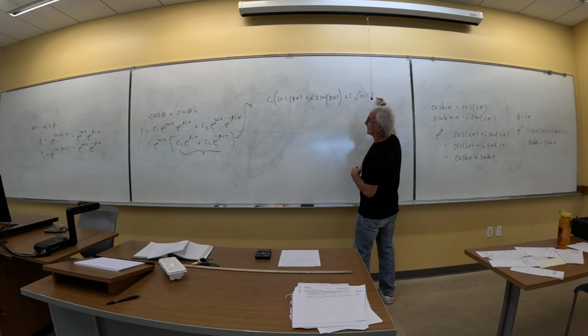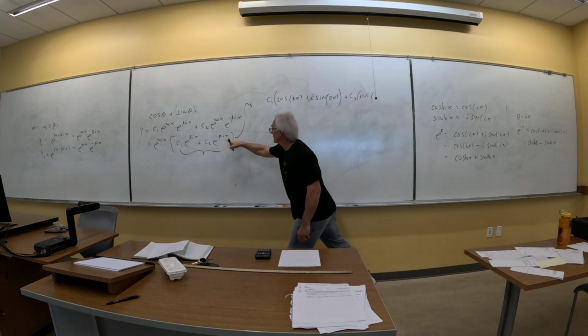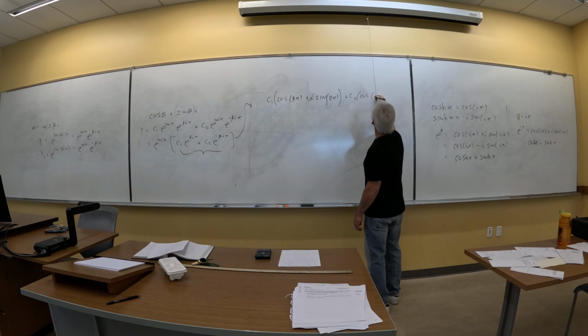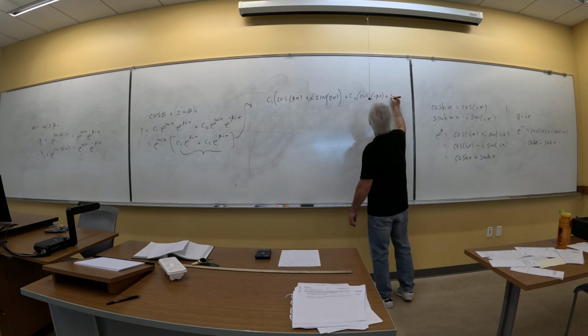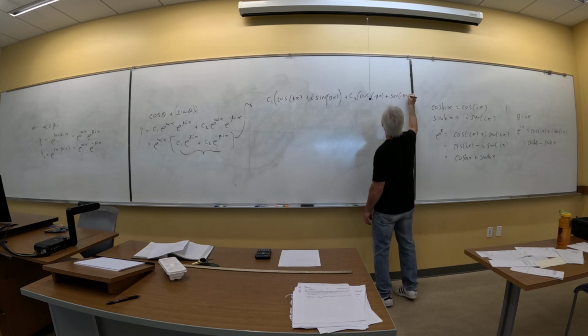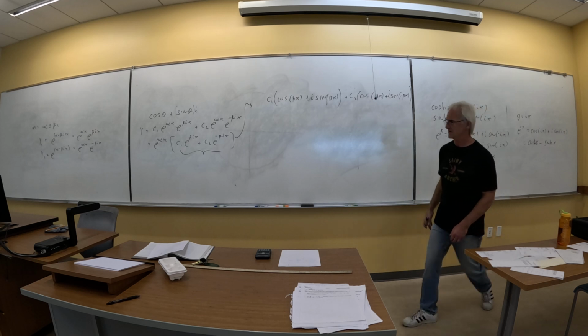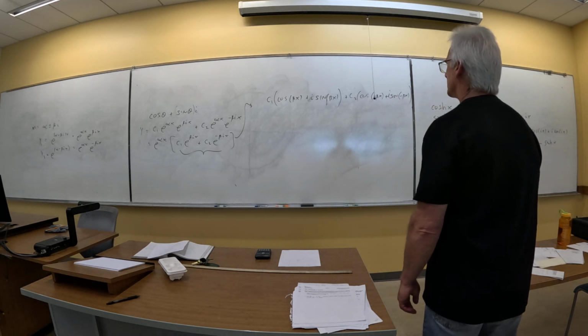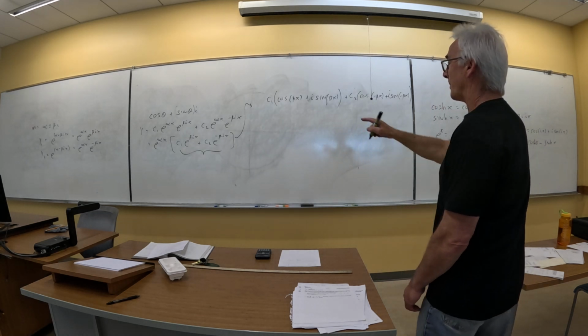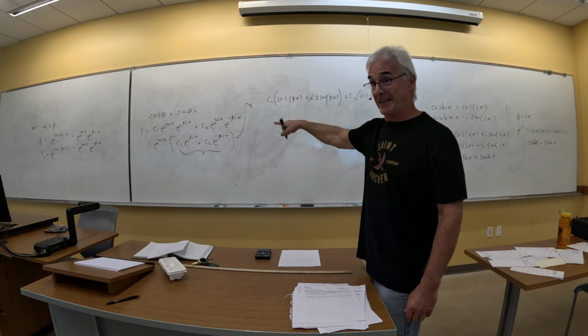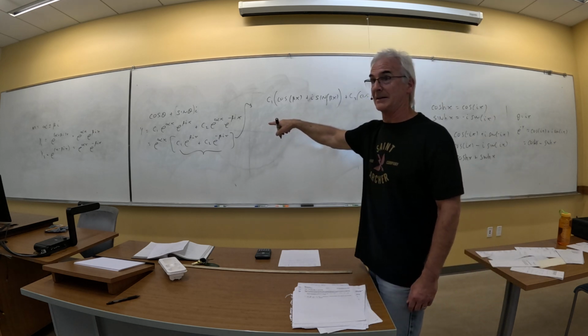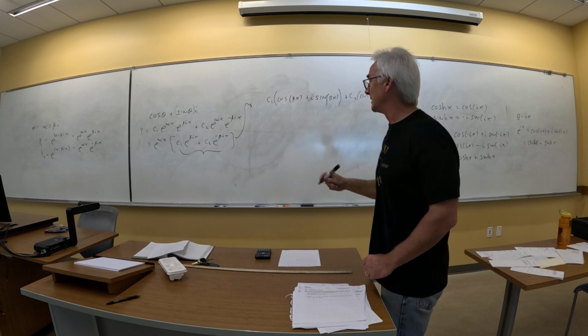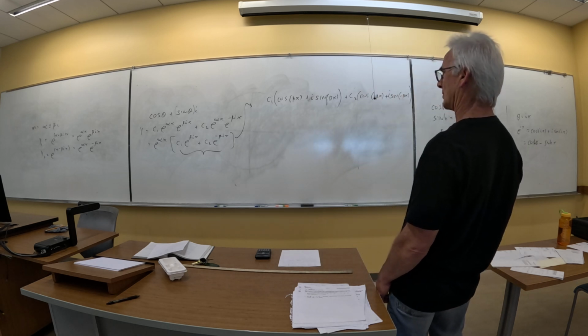Cosine of, now we're doing this one, so it's negative beta x, plus i sine of negative beta x. Hope I did that right. How's that look? So my theta in Euler's formula, e to the i theta, is the beta x. We don't want to lose that. So I think I wrote these correctly.